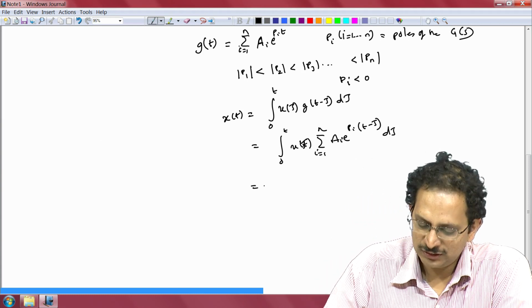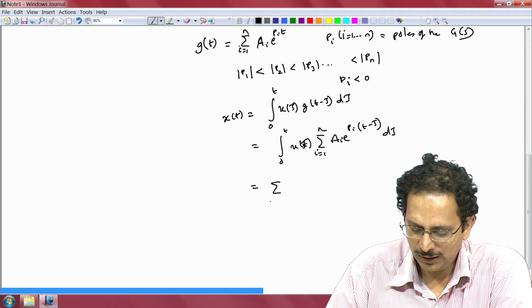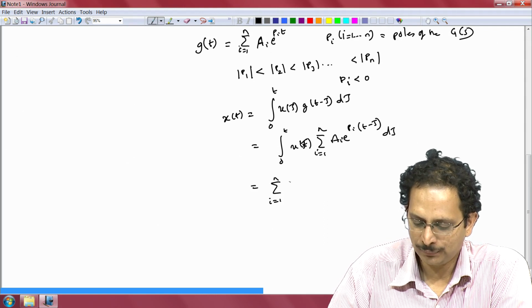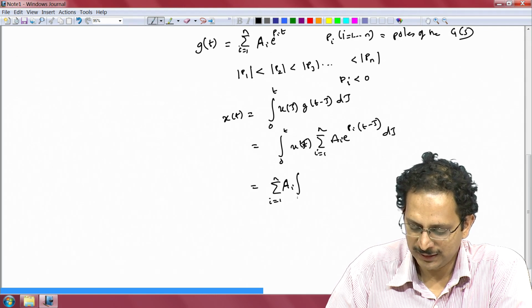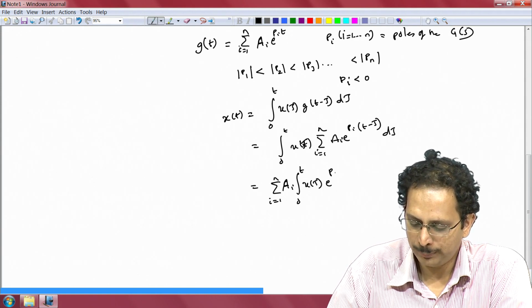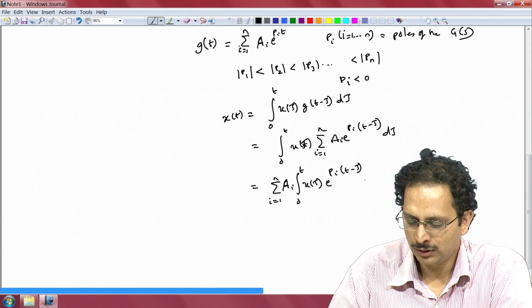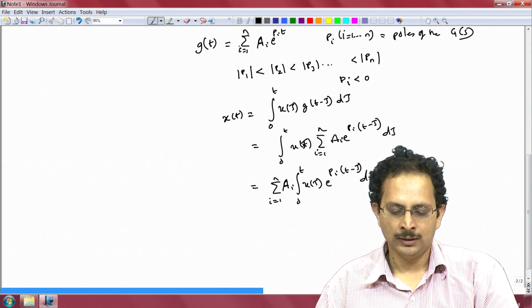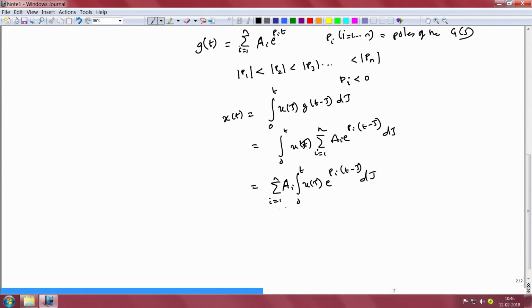Now, I can write this in turn as sigma i goes from 1 to n a_i integral 0 to t u of tau e to the power p_i (t minus tau) d tau. So, the response x of t is a summation of n integrals which are given by these specific terms. Now, let us graph these particular terms.